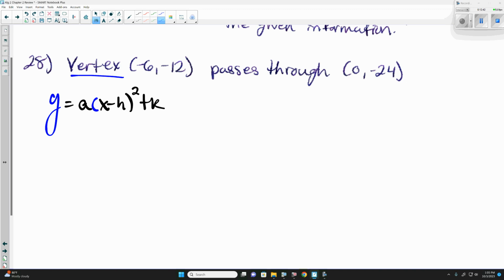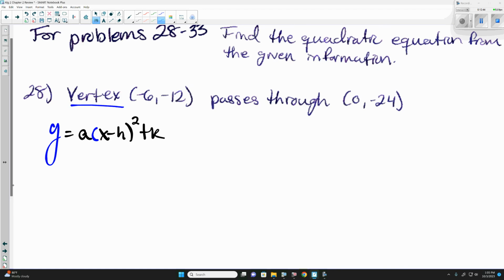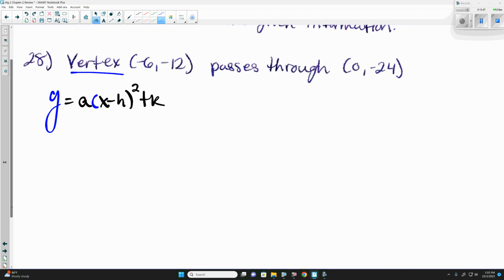28 through 33 are 2.4. So these are the problems from 2.4. So if it gives us a point, we're using these here, and I believe I put them on the review sheet. It's on the review sheet.